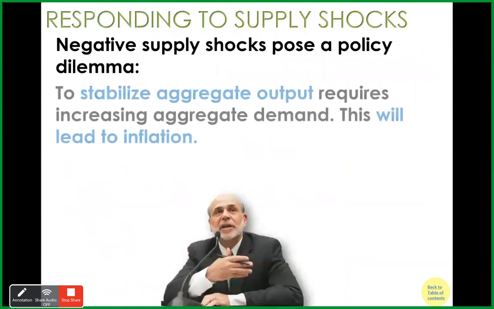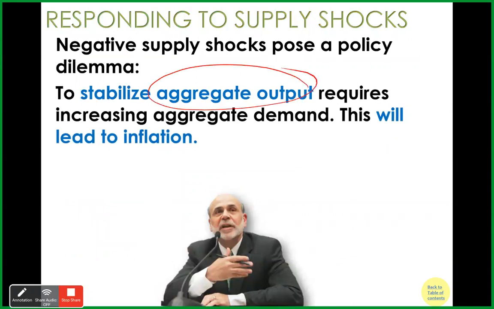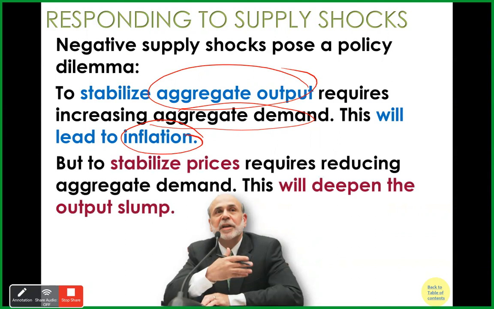Now there's a dilemma. If you want to stabilize output, as I argued earlier, you must increase demand, but this is going to push up the price further. On the other hand, if you want to stabilize price, you must reduce spending, and then you're going to deepen the recession. That's a dilemma, and it is very difficult to deal with.